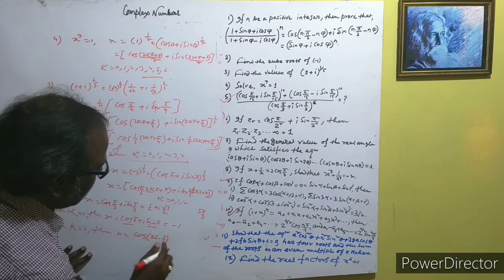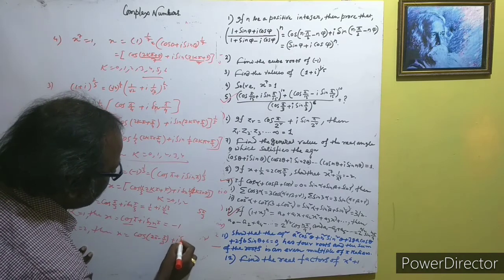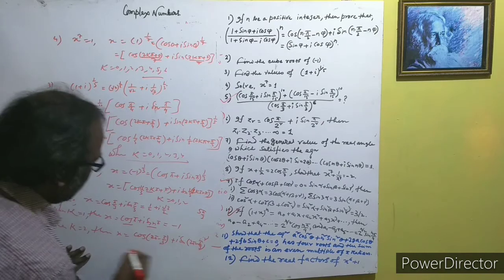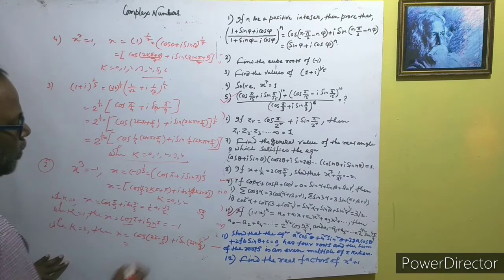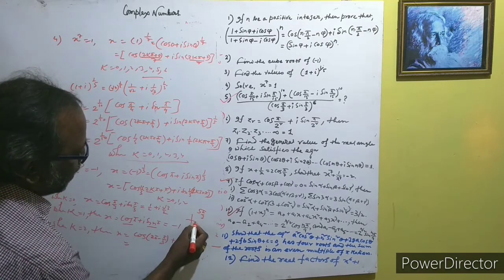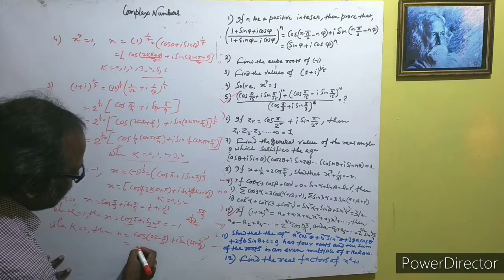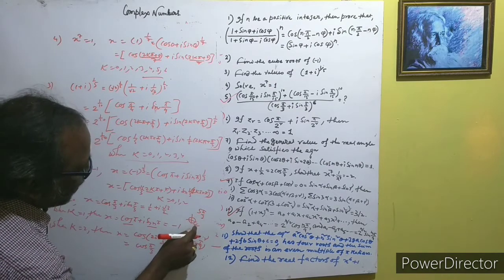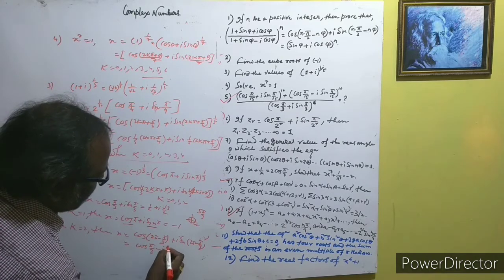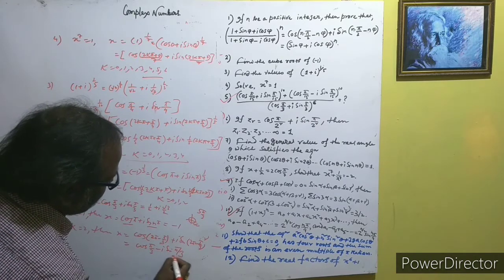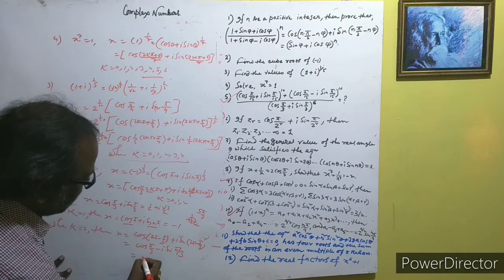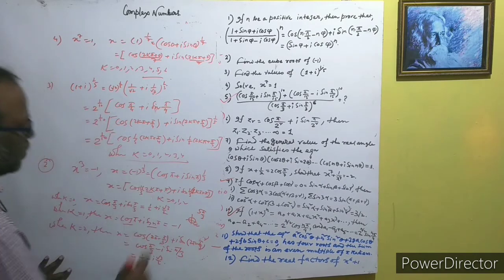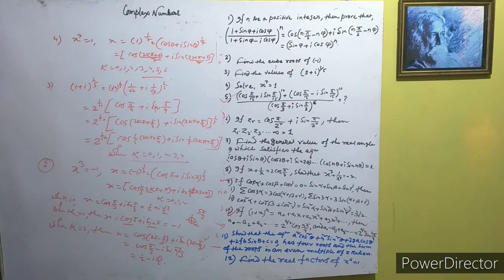So cos (2 pi minus pi by 3) plus i sin (2 pi minus pi by 3). See, this is 2 pi, this lies in the fourth quadrant, so it is cos pi by 3, and in the fourth quadrant the sign of sine is negative, so minus i sin pi by 3. So cos pi by 3, this is cos 60, which is half, minus i into root 3 by 2. Okay, so these are the three solutions.